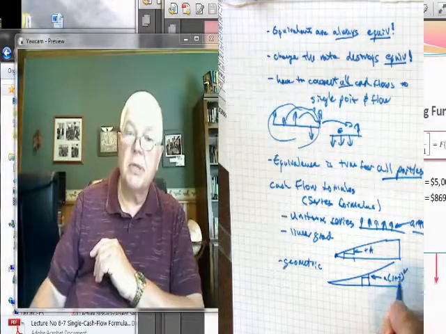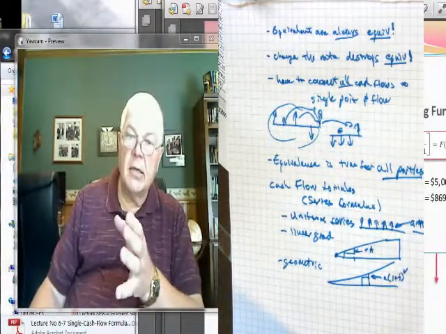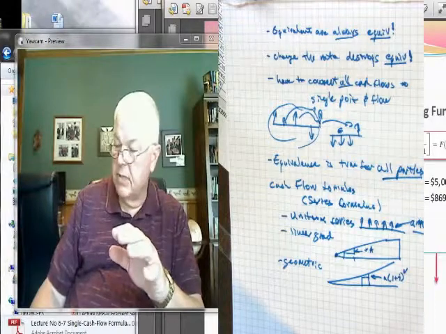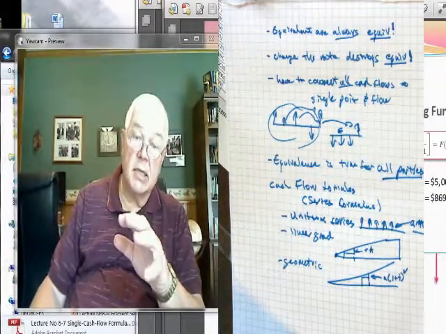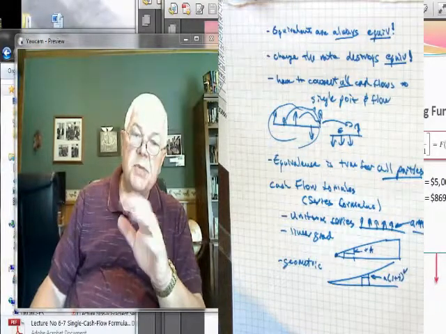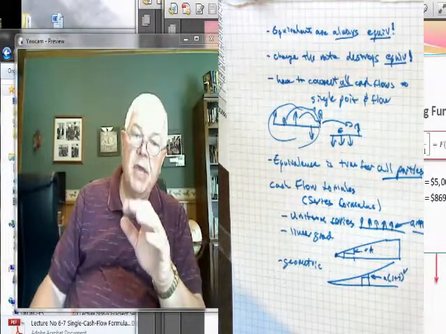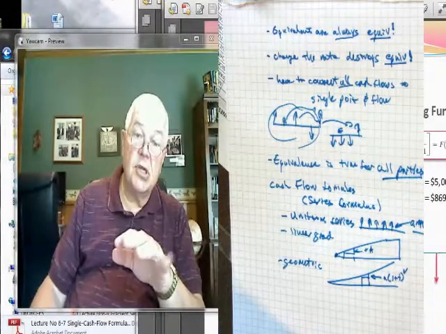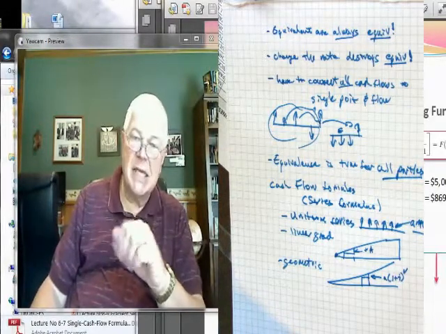It's geometric. Again, it should be something you've seen before. This, by the way, is uncommon for payments. Usually if they do this, it's because someone's trying to make payments automatically adjust for inflation and they're assuming inflation. But it's not often done.